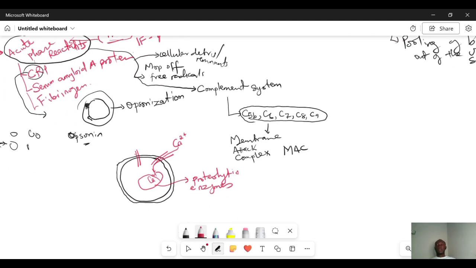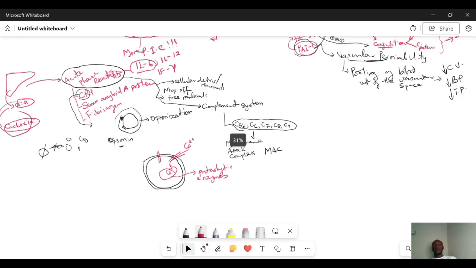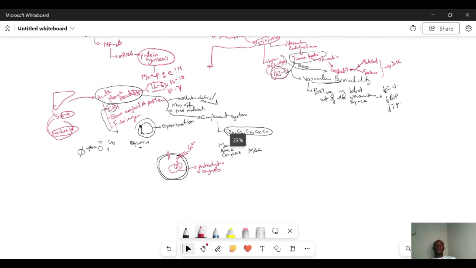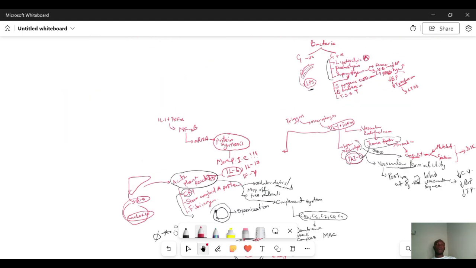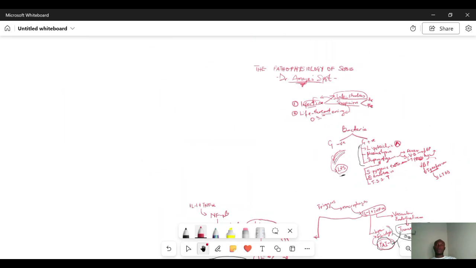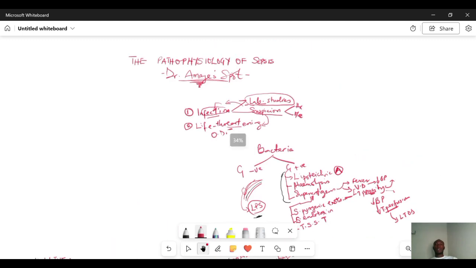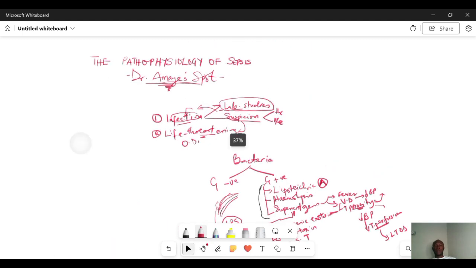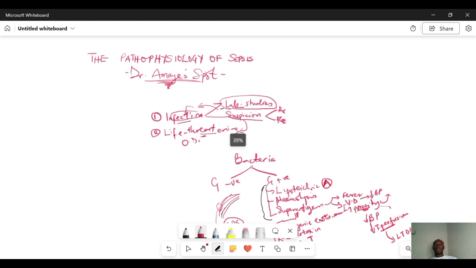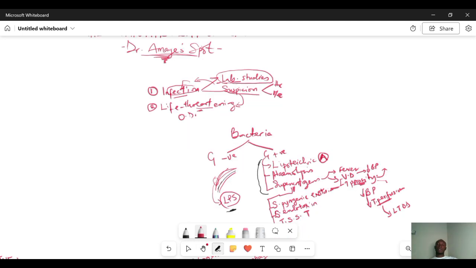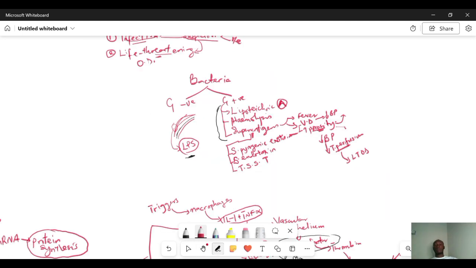So far we have been discussing the pathophysiology of sepsis. We started out by noting that two things are crucial for sepsis to occur. One is that there has to be a background infection, and then of course life-threatening organ dysfunction. We know that bacteria are the most common causes of sepsis.